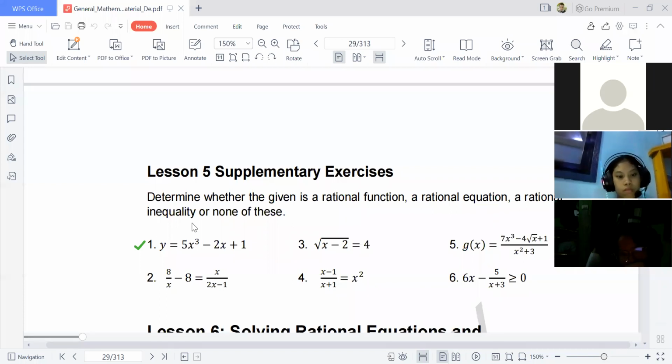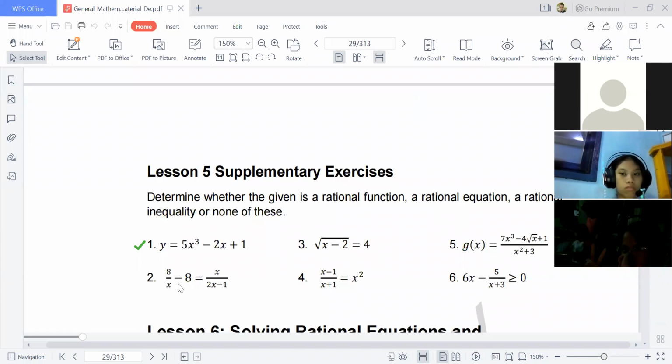Rational inequality, sir? Okay. Does this one involve inequality? Wala inequality. So it will not be a rational inequality. How many variables are involved? Isa ra.